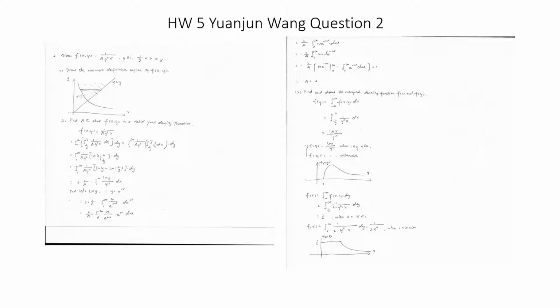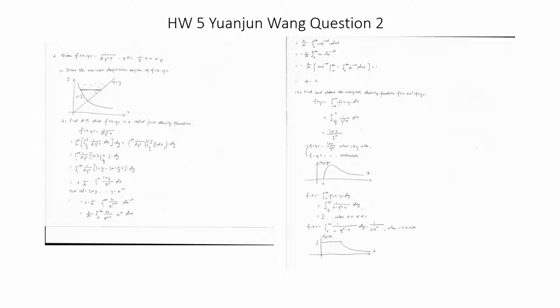Now we set w equal to ln of y, so y is equal to e to the w. The equation becomes 2 times 1 over A times the integral from 0 to infinity of w over e to the w, times e to the w dw, which equals 2 over A times the integral from 0 to infinity of w e to the negative w dw.